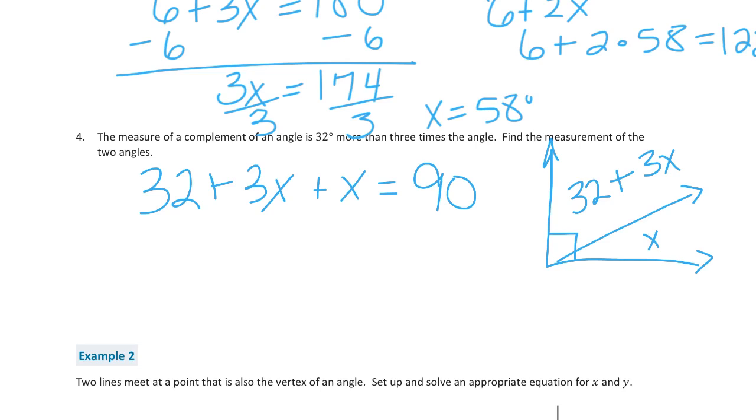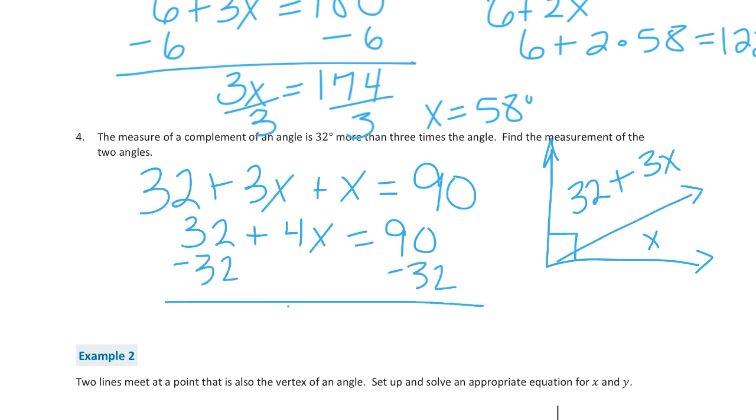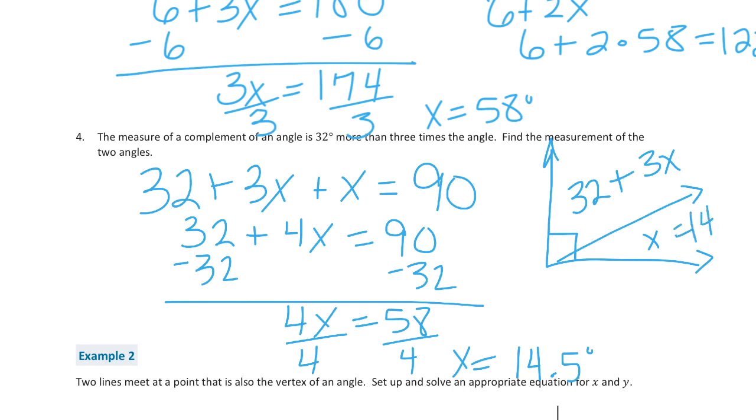So I can combine the two terms with x's. So 32 plus 4x equals 90. I'm going to subtract 32 from both sides. So 4x equals 58. Divide by 4. And then x is equal to 14.5 or 14 5/10. So this angle is 14 5/10 degrees.